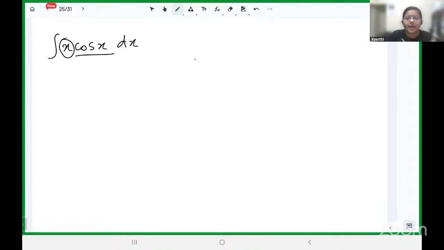Now what do we have to do? We have to integrate it by using the parts method. So for that, how will you apply the rule? Take this as the first function and this as the second function.